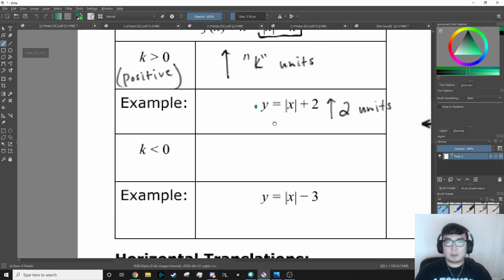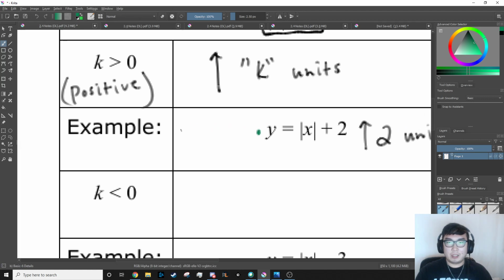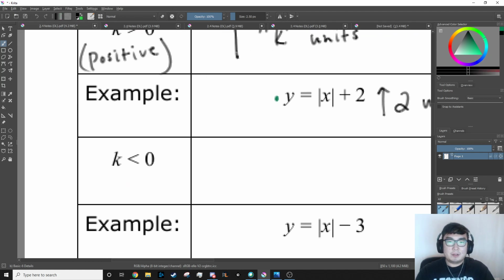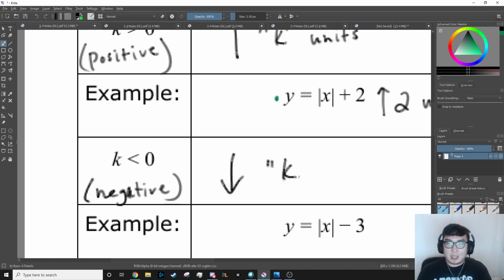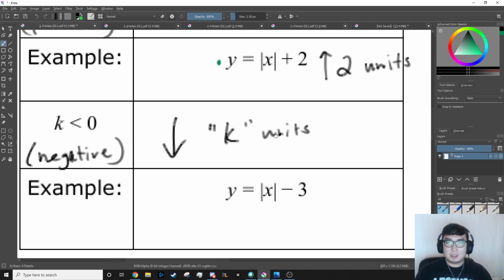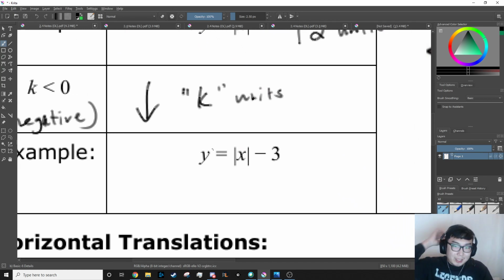So if it's positive, it's making my graph go up. If it's negative, so k is less than 0, which means it is negative, that means that it goes down k units. As in, y equals absolute value of x minus 3.